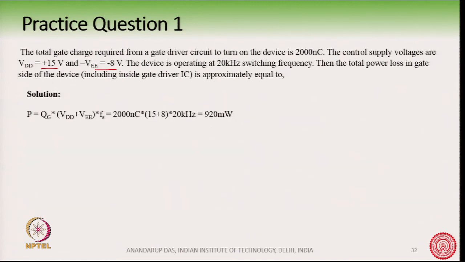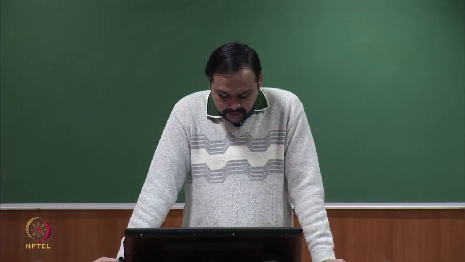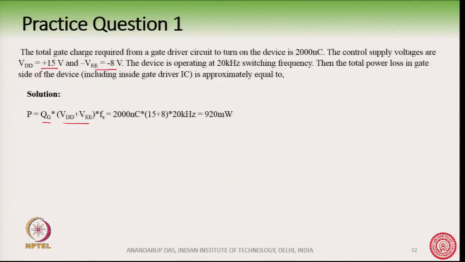The total energy which is getting exchanged during this switching is the total gate charge times the voltage VDD plus VEE, because it is transitioning from 15 to minus 8. So, every time there is a 23 volt transition.